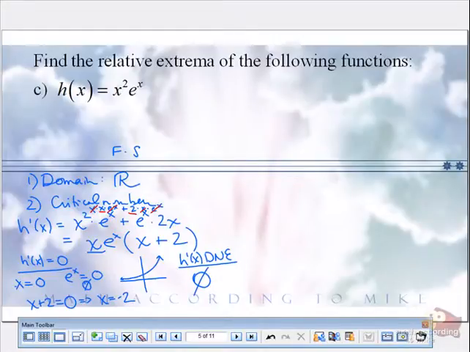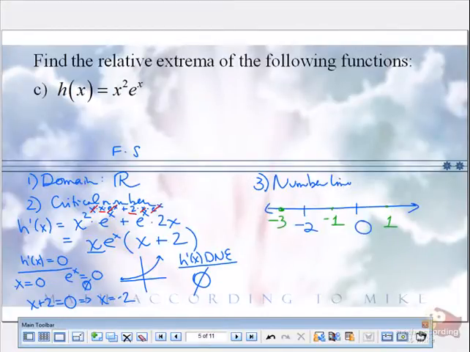Very good. So for your third step, if you would, do your number line. I want you to do your test points. So put your test numbers into your derivative. What do you get for the left of negative 2, between negative 2 and 0, and to the right of 0?